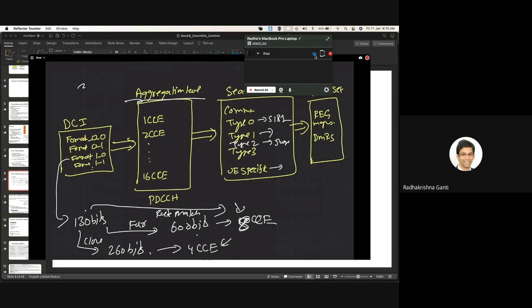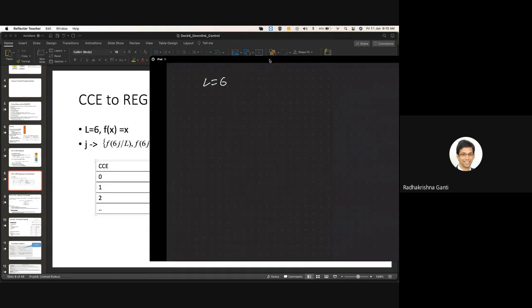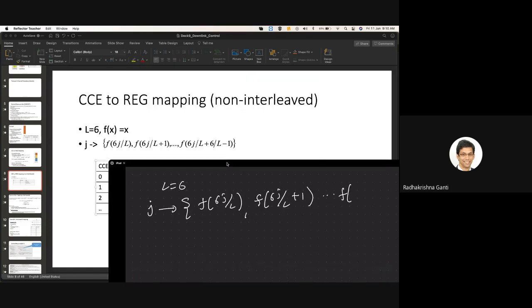Okay, so let's take the case of L equal to 6. The jth CCE will be mapped to f of 6j by L, f of 6j by L plus 1, and so on, up to f of 6j by L plus 6 by L minus 1.